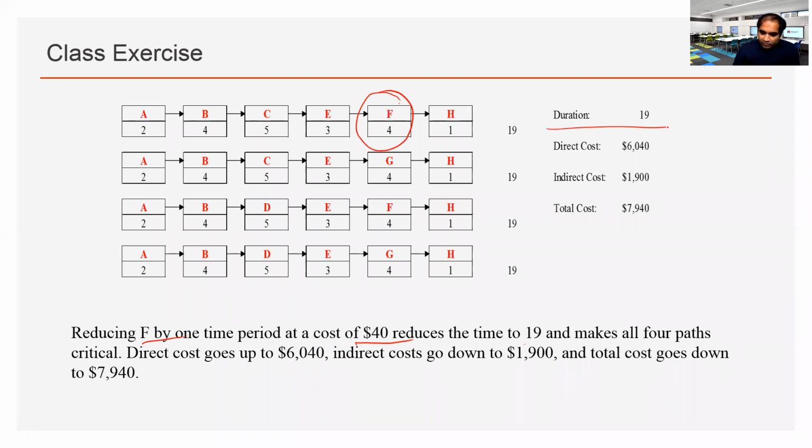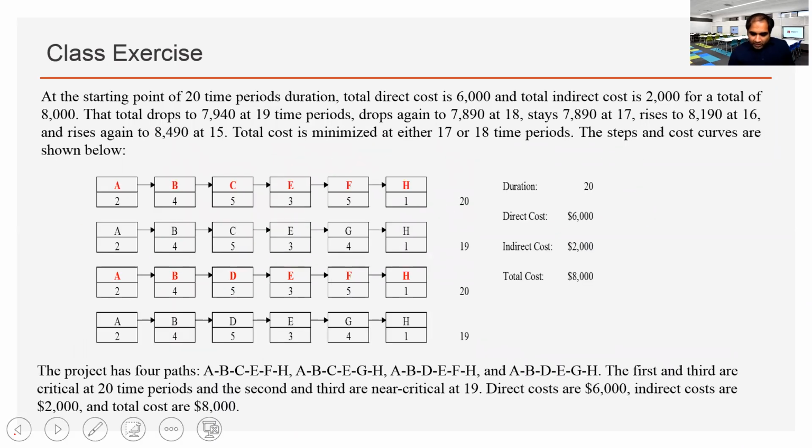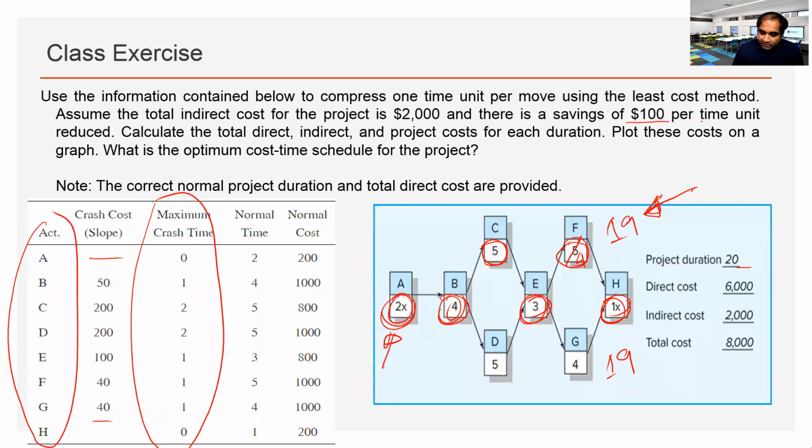Now that we have a duration of 19, that 40 should be added. Now remember, the question says there is $100 per unit of reduction in the indirect cost.